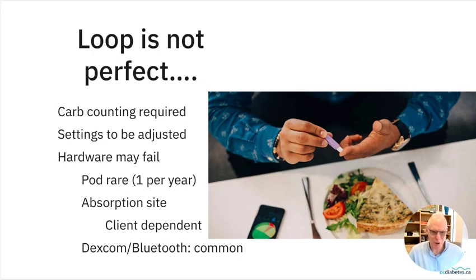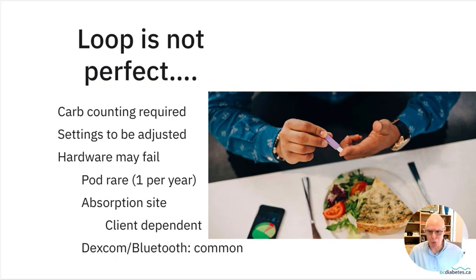Before I tell you how wonderful it is, let me tell you that it's not perfect. Loop is not perfect. No automated insulin delivery system, no system that involves humans is perfect. In terms of loop, patients still need to carb count, settings still need to be adjusted, and there is a chance that hardware may fail. Now, if we look at where the failures occur, the pods themselves fail only very rarely, about 1 per patient per year.